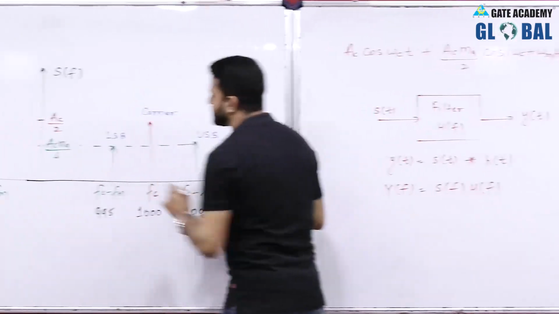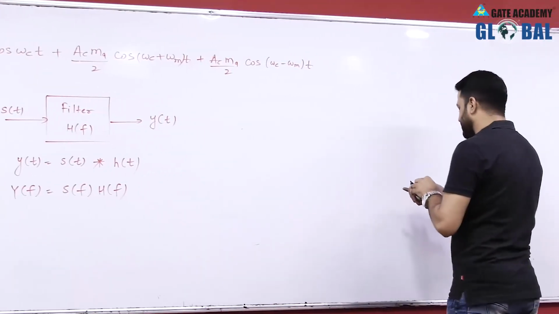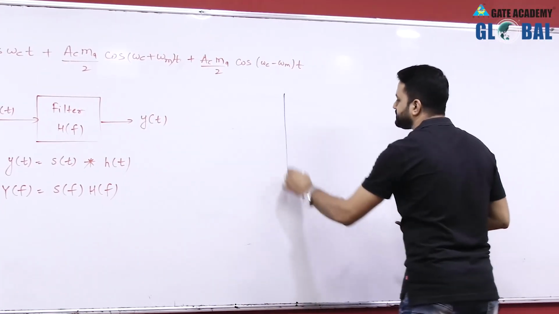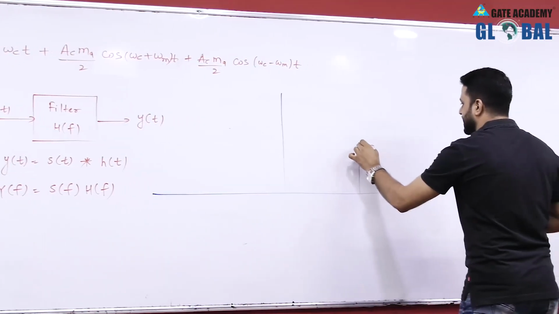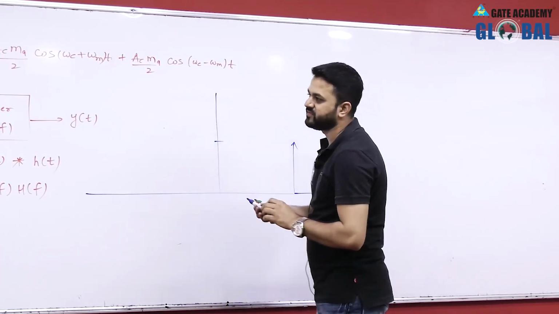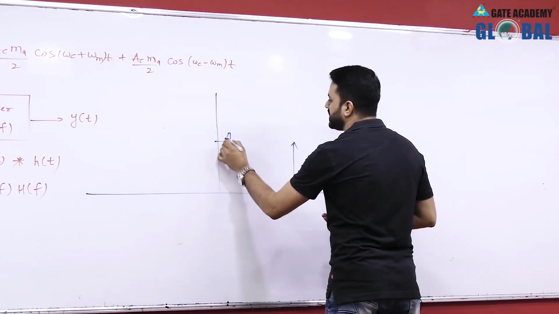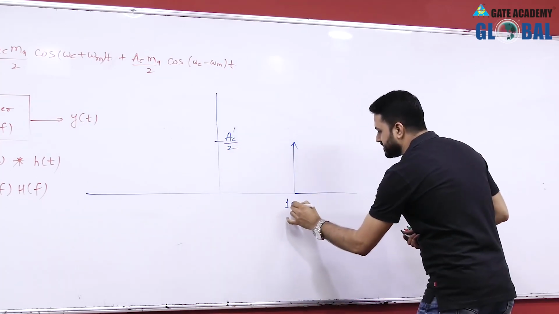So if we multiply these two, we get a spectrum at Fc, but its amplitude is reduced now. We get the same spectrum in shape, but with reduced amplitude. Let us say the new amplitude is AC dash divided by 2 at 1000.